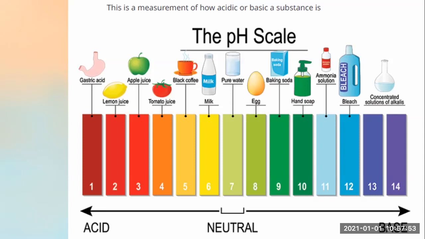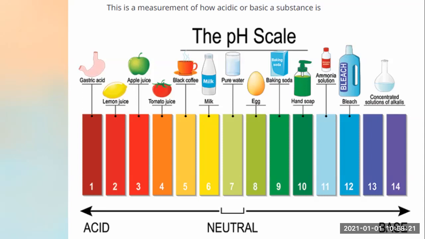Same thing with apple juice, lemon juice, gastric juice. So see students, what we can examine here is the strength of acid in the various substances which we are using in day-to-day life, right? So what we can evaluate here is that milk is less acidic than black coffee. Black coffee is less acidic than tomato juice.